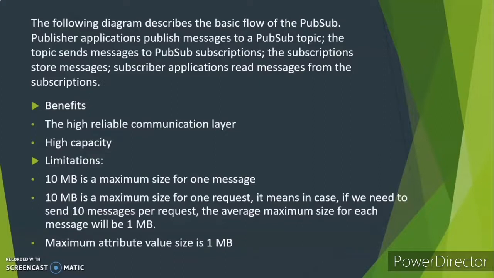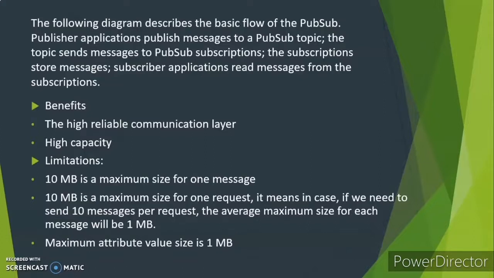So benefits: a highly reliable communication layer, high capacity. Limitations: 10 MB is the maximum size for one message. 10 MB is the maximum size for one request. It means that if we need to send 10 messages per request, the average maximum size for each message will be 1 MB.